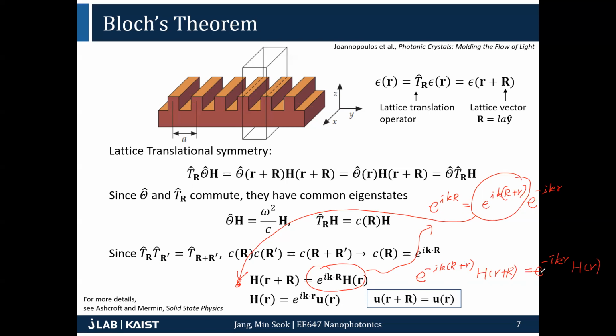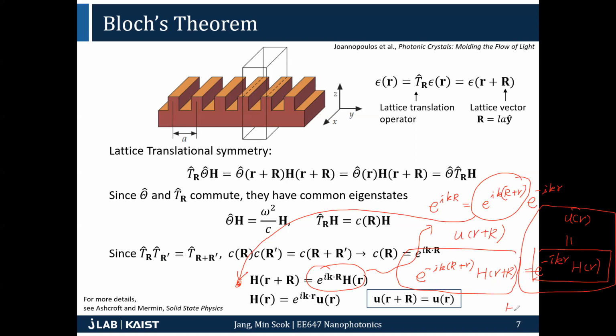And then what you realize is that if you define this as your u(r), then this one is u(r plus R), right? And then from this relation, your h(r) is equal to e to the i k r u(r), which is the second part of the equation.